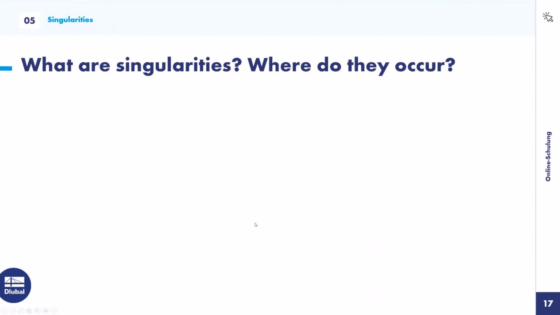So what we're going to continue with now is the last part, just a short part of 10 more minutes. It's the main problem of finite element calculations. And what is this? It's the so-called singularities.